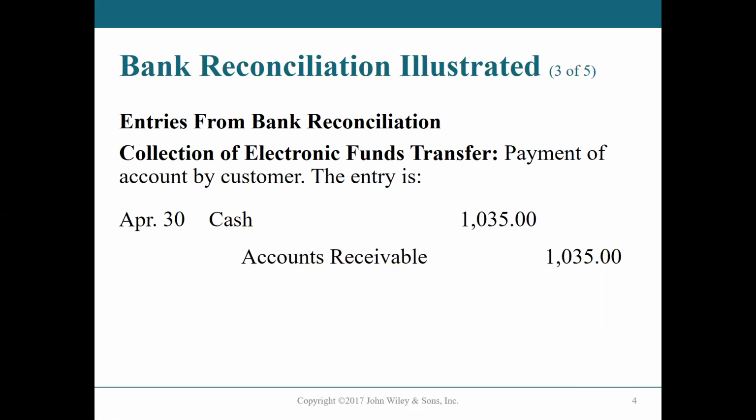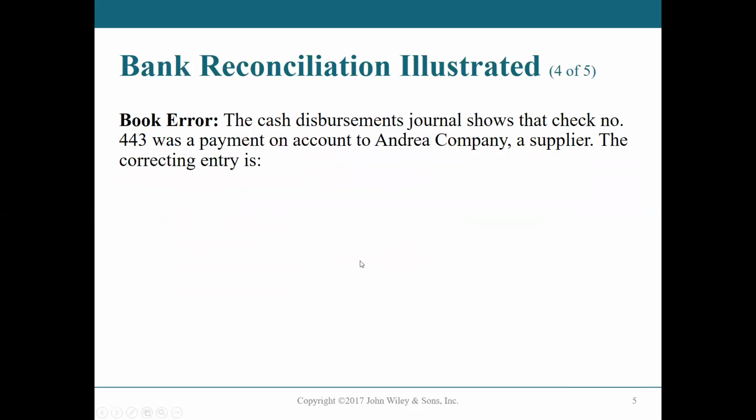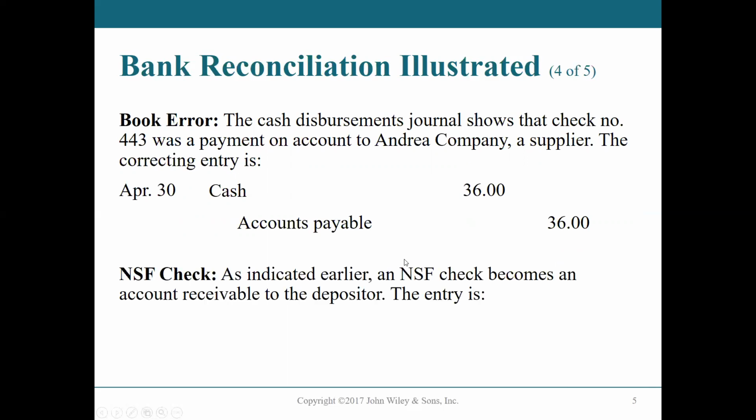So, for example, we have this collection by electronic fund transfer. We'd have to show our cash going up, our accounts receivable going down. To account for our error, we'd have to show our cash increasing by 36 and our accounts payable going down.